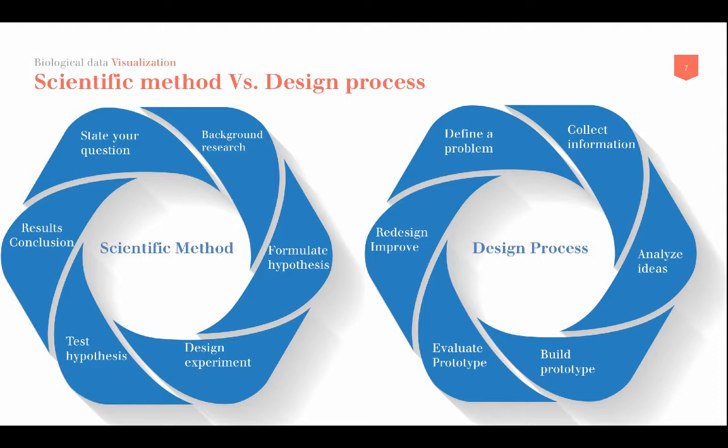In both processes, we don't know the end product, but we know how to get there. If we understand both processes, it is easy to deliver a clear message to the audience. I will show you how.